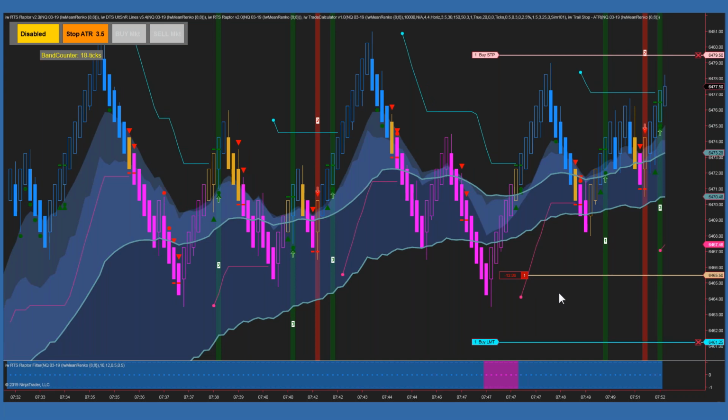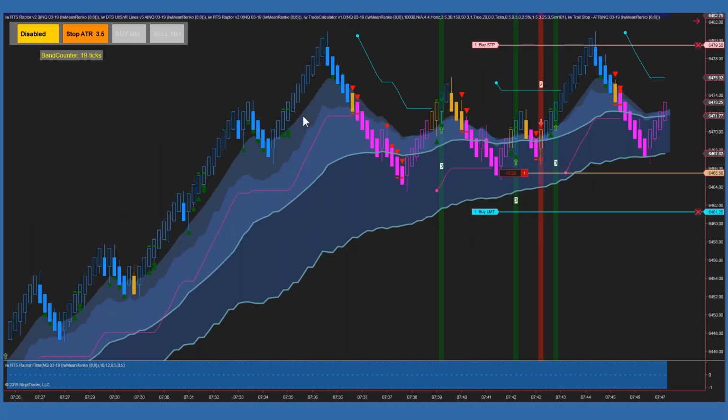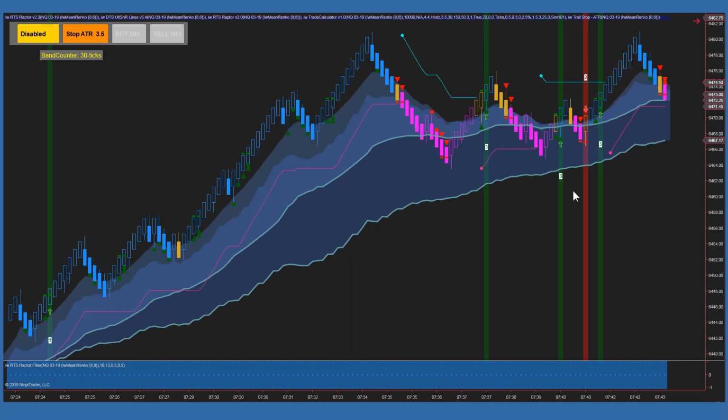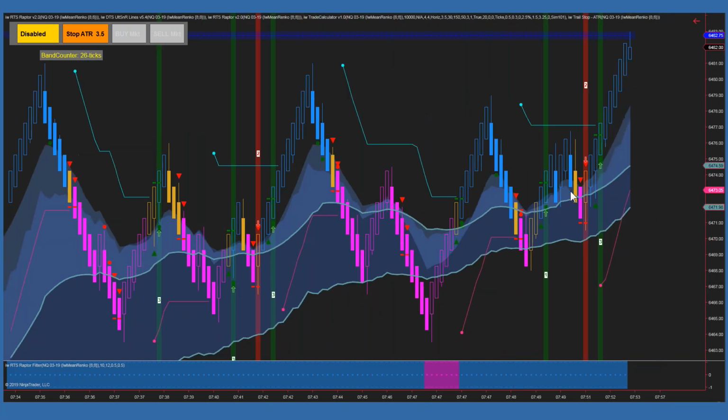I showed you this counter trend trade, but when you have a defined trend, I think we can safely say the market is in an uptrend. You'll do better. Oh, see, there you go. It just got tagged. You'll do better staying with the trend side. Biggest problem I find with counter trend trades is that, of course, they block you from taking your with trend trades, which can be very annoying.